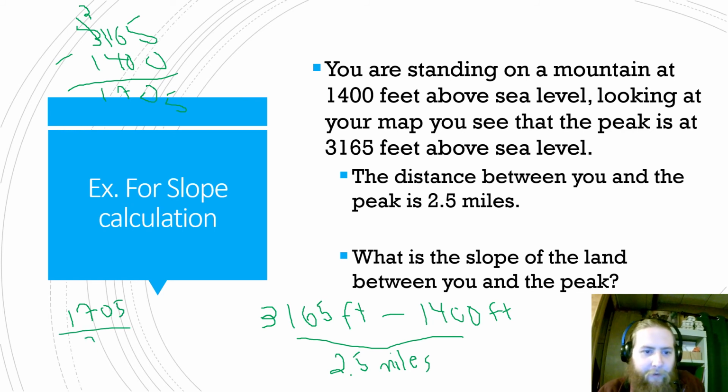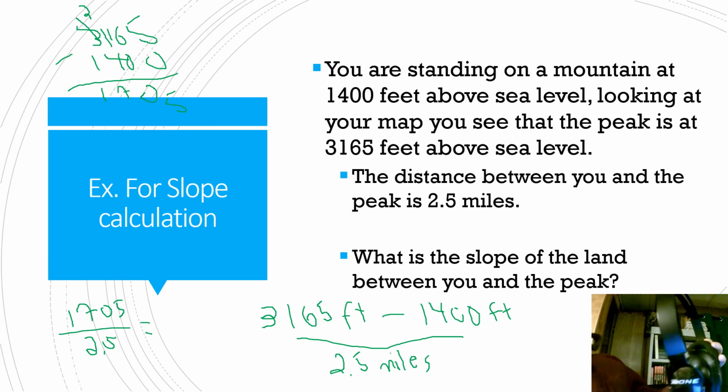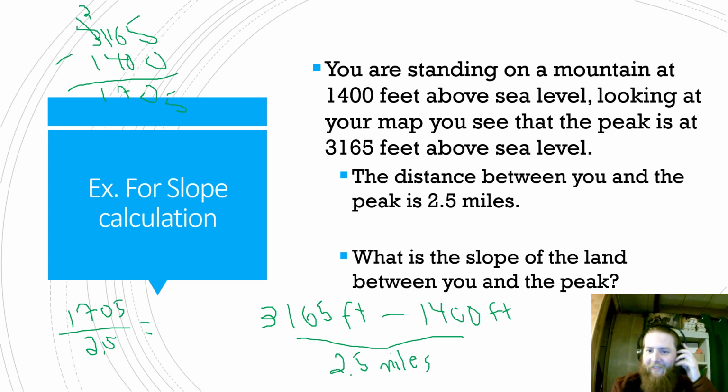Divided by 2.5 miles. And I'm actually going to cheat real quick and use my calculator. You guys can use your calculators as well when you're using these ones. You're not going to have to do these ones mentally in your head.